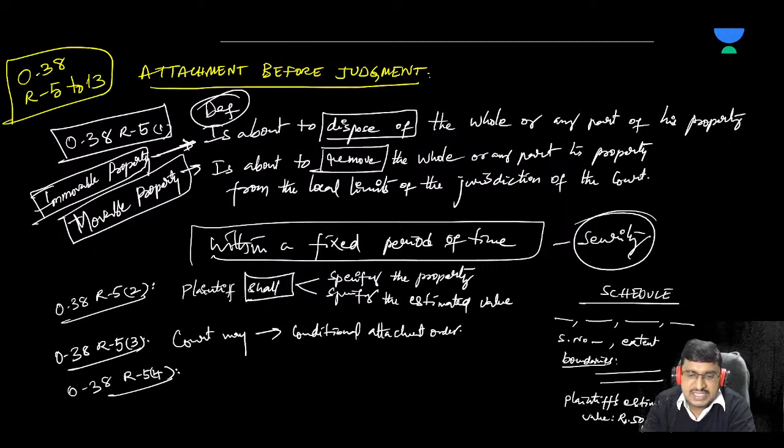If an order of attachment is made without complying with the provisions of sub rule 1 of Order 38 Rule 5, such attachment shall be void. Therefore he has to be given an opportunity to produce the security, and if he fails to produce the security within a stipulated period of time, then the court may attach the property.